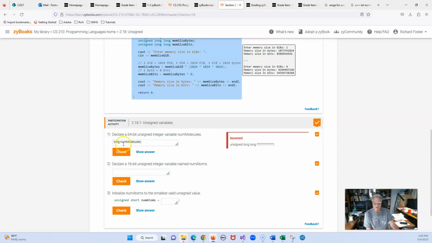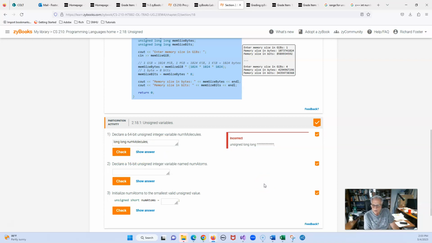So what it really needs to do is long long, and that's 64 bits. So let me now take out the semicolon so it can mark us off again. And you can see how good it is at telling you things that are off. So it doesn't like this at all. It doesn't tell us really what's going on. Let's put in the semicolon here.